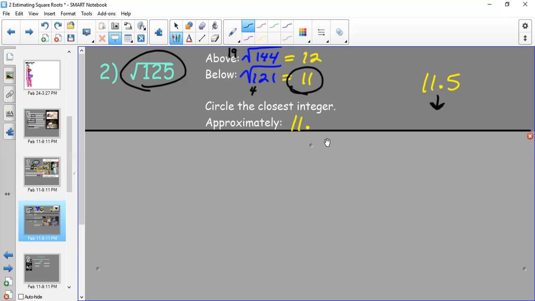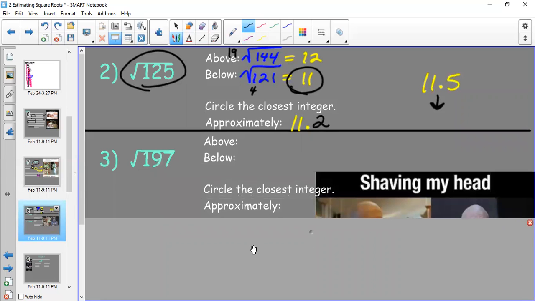Has to be smaller than 11.5. It's pretty close to the square root of 121. I might take a guess of like 11.2 or 11.1. And if I use my calculator here to get an actual answer, the square root of 125 actually is 11.18. So approximately 11.2. So that was a good guess.